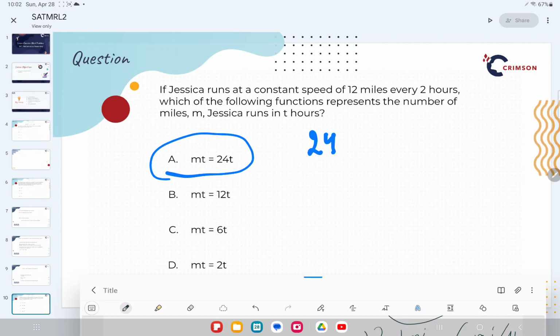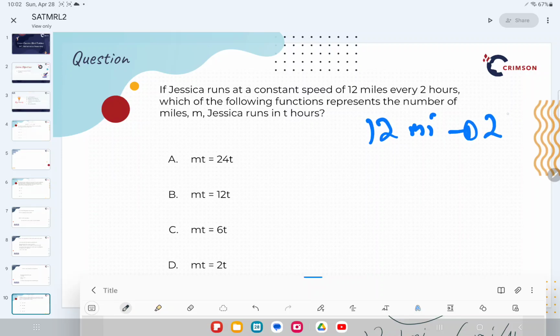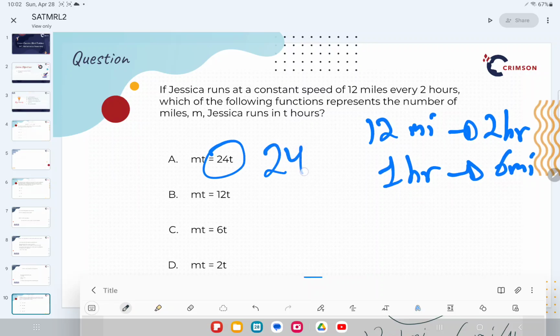Okay, you don't really have to focus on the units here, but 24 is clearly not my answer because I've got 12 miles in 2 hours. So in 1 hour, I would get 6 miles. Now this expression is 24t. If I substitute 1 hour for t, I would get 24 miles.